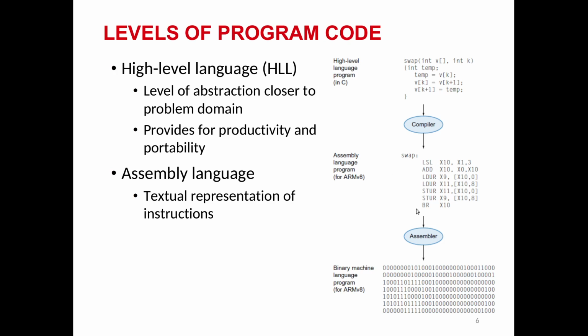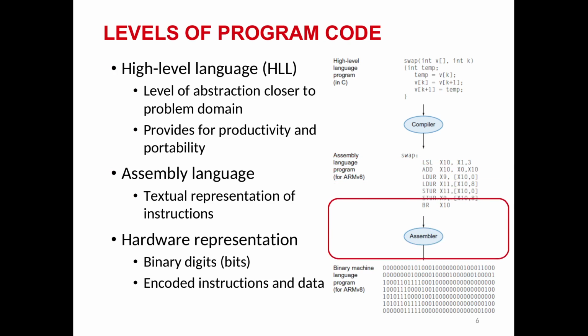And the assembly language looks like this. It is a textual representation of instructions. Of course, somehow you can understand it, but it will be more difficult to understand than the high-level language. And in order to be executed in hardware, the assembler will compile this assembly code into binary machine language, which is a series of 0 and 1 values together.